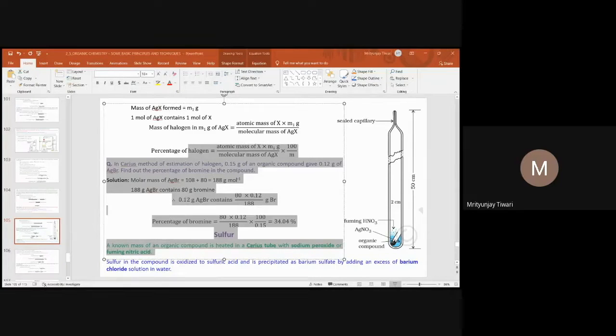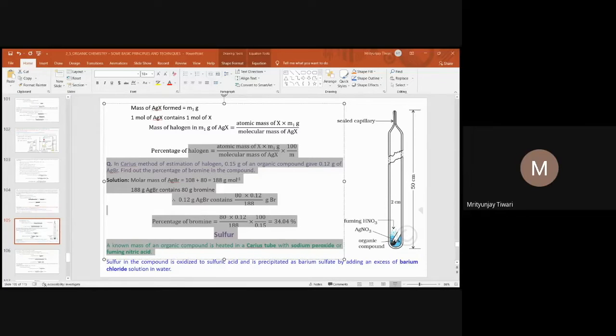The percentage of sulfur can be calculated from the mass of barium sulfate. Let the mass of the organic compound taken be m grams and the mass of barium sulfate be m1 grams. We know 1 mole of barium sulfate is equal to its molar mass, which you can calculate to be 233 grams. This 233 grams, 1 mole of barium sulfate, contains 1 mole of sulfur, which means 32 grams of sulfur.